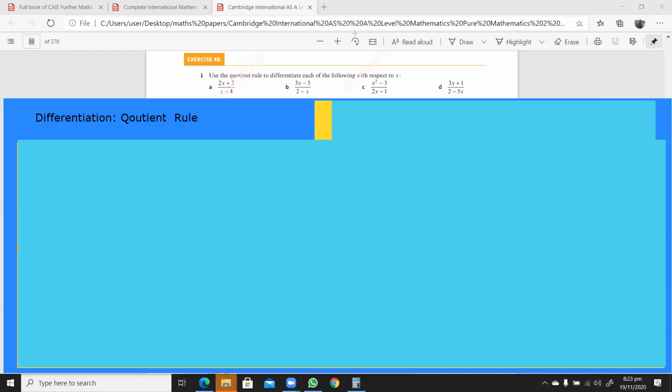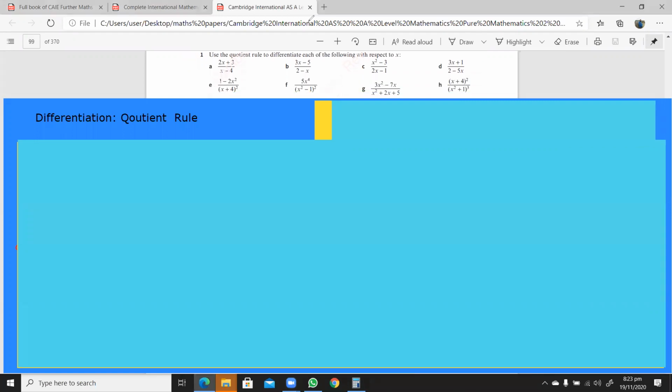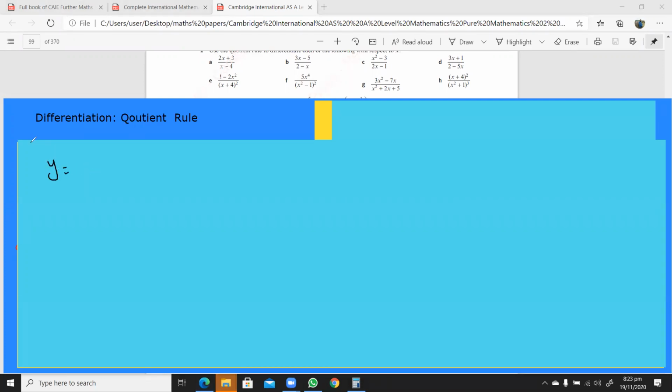Okay, so let me take a question from here, the H part. I'll write this as y equal to (x plus 4) whole square over (x square plus 1) cube.